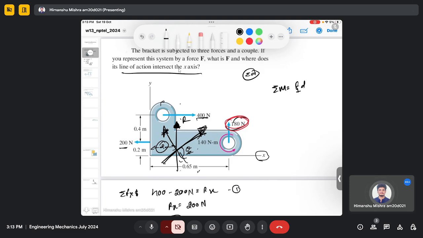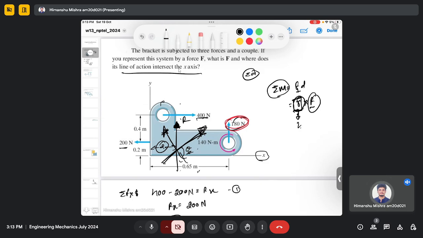This is given in the scalar form, and in the vector notation it is given r cross f. So when we write down the moment equation for the system, we need to consider this perpendicular distance. By this logic, we can get this perpendicular distance, because we already know the overall forces which are acting in the system. So the only unknown quantity is the perpendicular distance from the force.